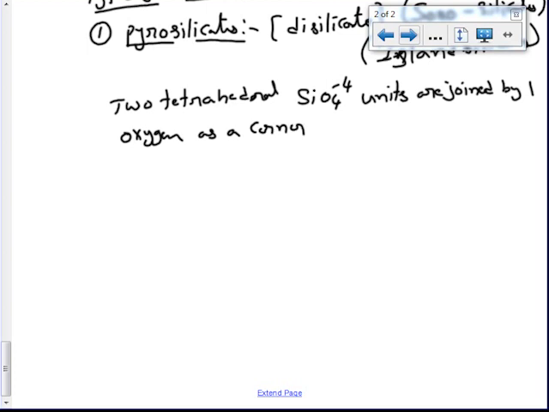So I take the two units and join them. I take one silicate ion here, with minus charges, and just a bond like this.